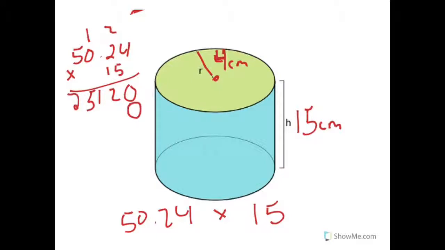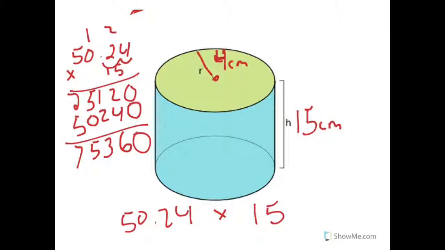Place value holder 0. 1 times 4, 1 times 2, 1 times 0, 1 times 5. Let's add. We have 0, 6, 3, 5, 7. I have two decimal movements, so I go 1, 2. And that would give me a volume of 753.6 centimeters cubed. Okay, and we're going to stop right there.